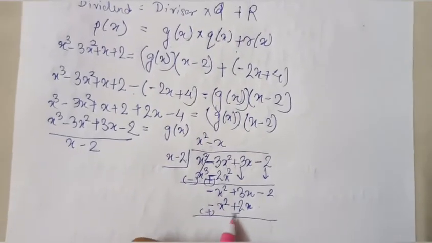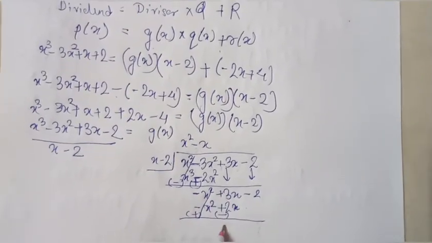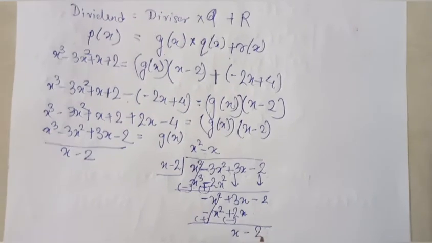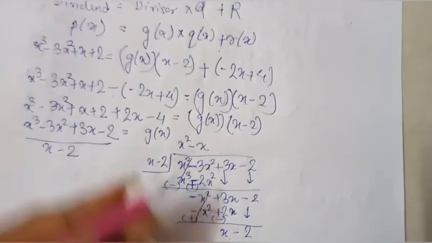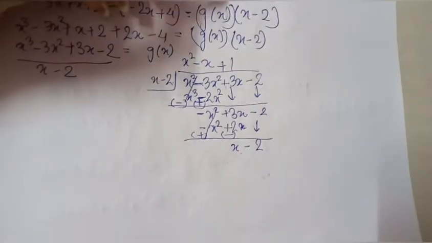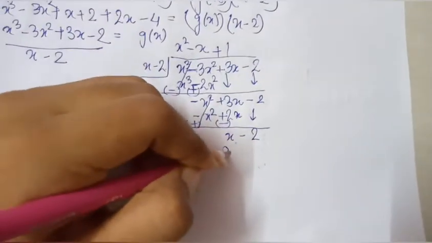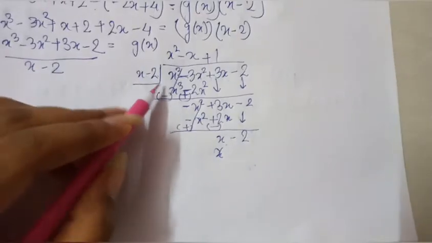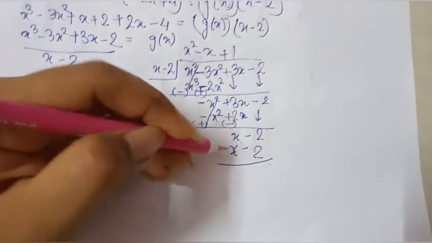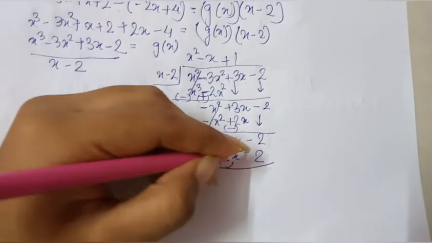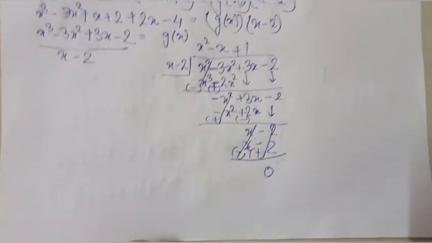Plus will become negative, and we'll cancel this, and plus 3x minus 2x will give us x, and this will give us minus 2. Now for what value will we get x? 1 plus 1. So now we'll get x, and minus 2 into 1 will again give us minus 2, and we'll change the sign, that is minus, and this will become plus, and both will get cancelled, and it is 0.